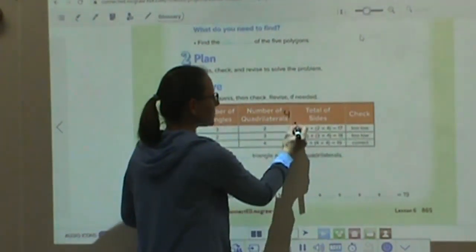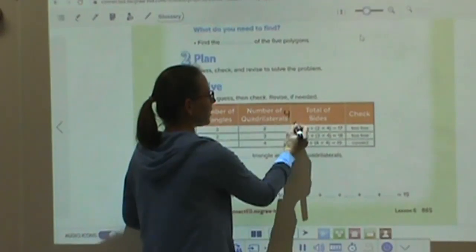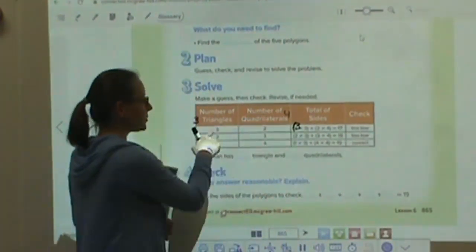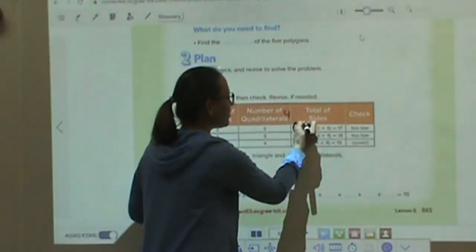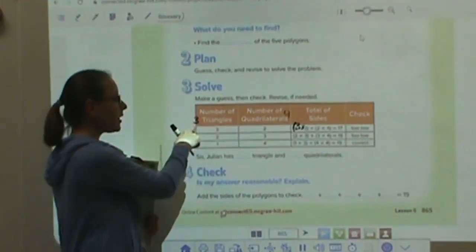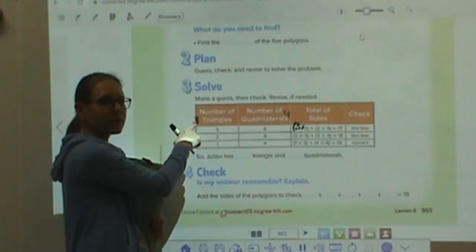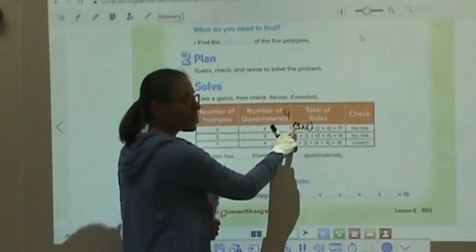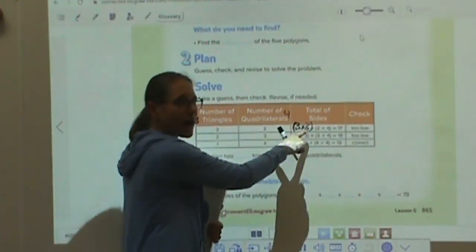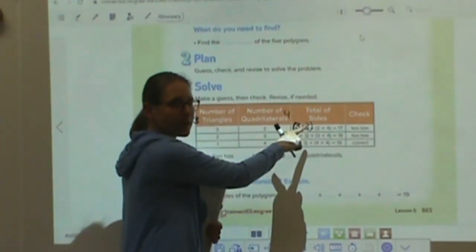So they wrote in this problem, and I'm just going to write this a little bigger. They wrote a 3 to represent the 3 triangles. Then they multiplied by another 3 to represent the 3 sides to a triangle. So we have 3 triangles times 3 sides in each triangle.